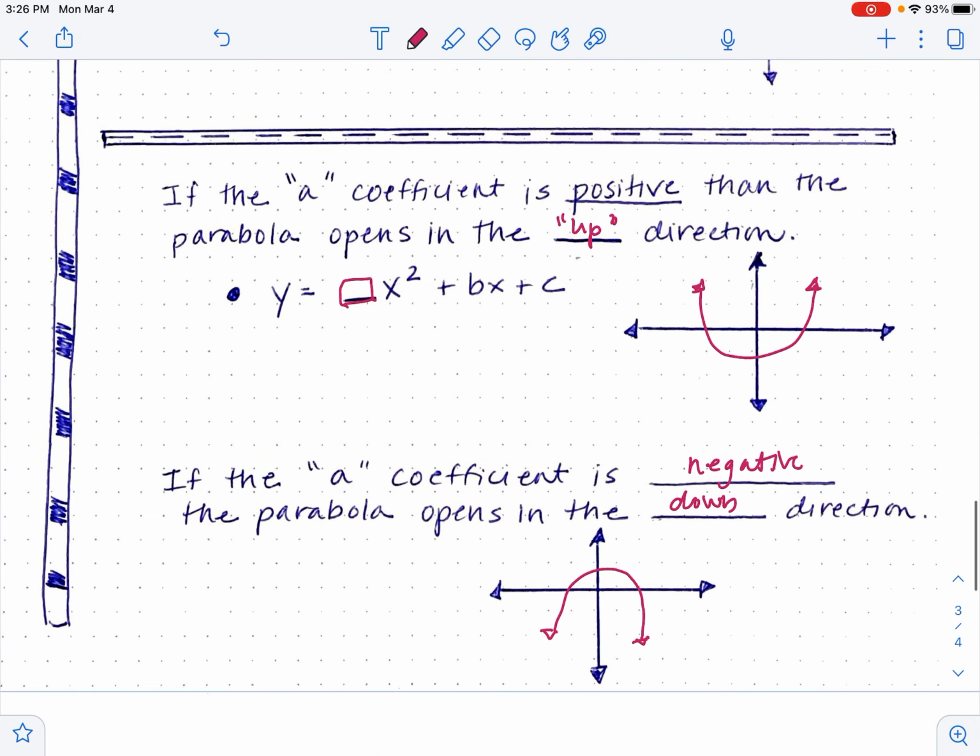So an example, y equals negative x squared plus 3x plus 2. Again, that's not that specific graph, but the negative sign in front of the x squared tells you that the graph is going to open in the down position.